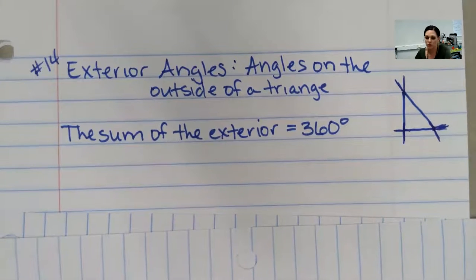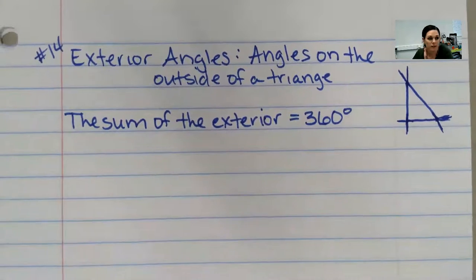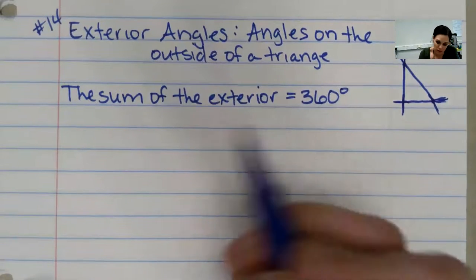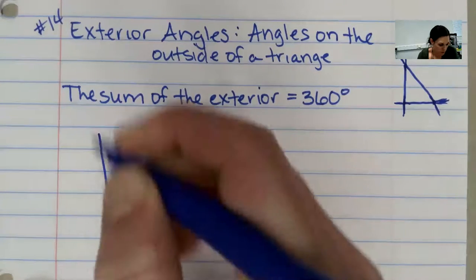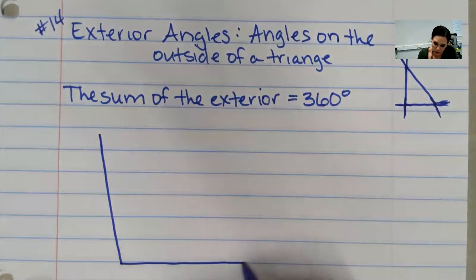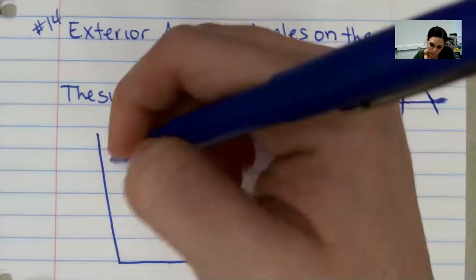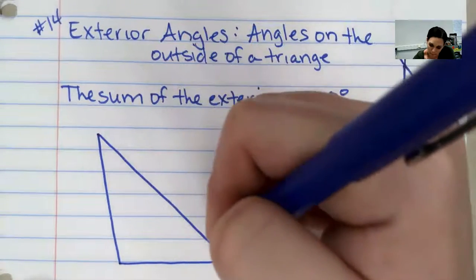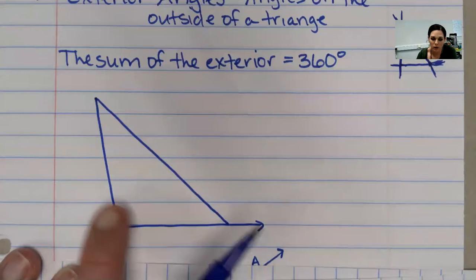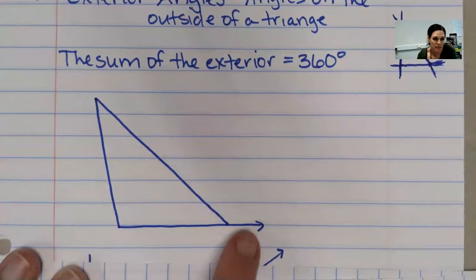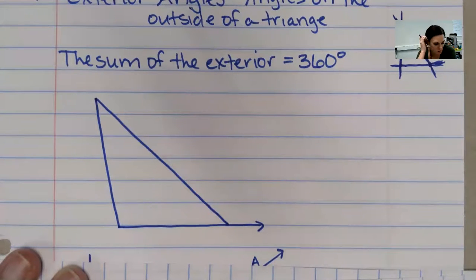All right, so I'm going to draw another triangle here. All right, and he is going to be labeled. So let's go ahead and draw this. Like so. All right, so I have a triangle, three-sided, and you're going to see that I extend out.